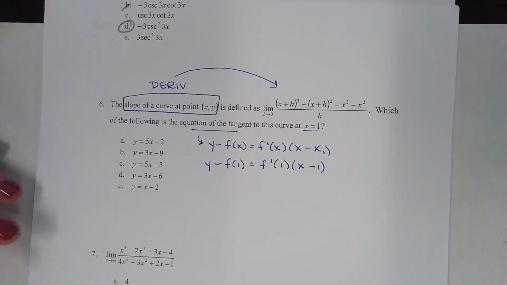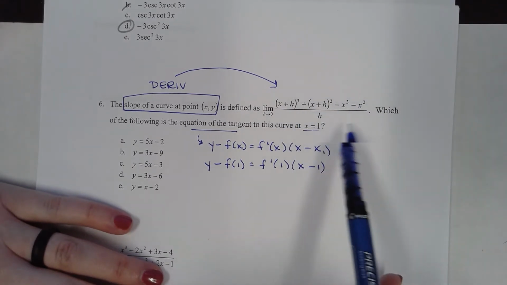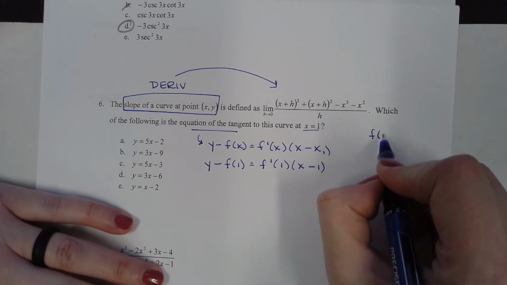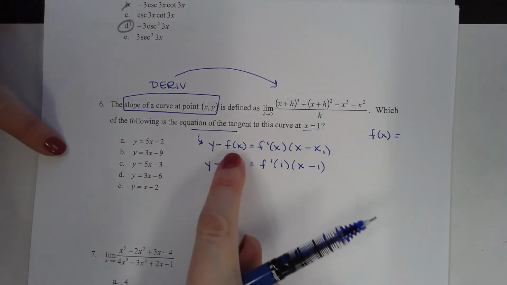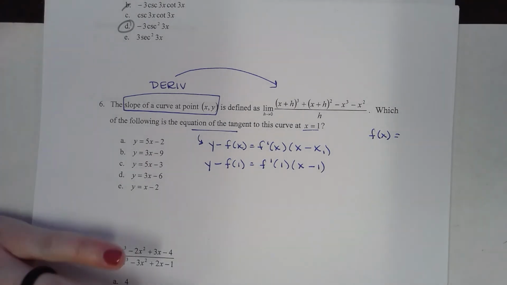Now if I look up here, I need to be able to find the function. I want to somehow find out what is f of x. It's hidden in that limit. In this problem, I have to pull that out so that I can evaluate this right here. There's no other way for me to do this, okay?